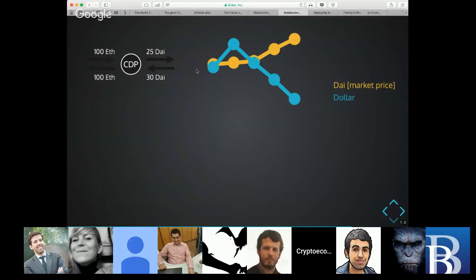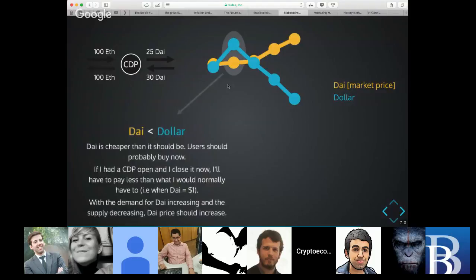So with that in mind, in the first situation, what is happening for somebody looking to make a profit is that at this moment, DAI is cheaper than it should be, right? Because normally DAI should cost $1, but here it's below, so it's cheaper. So as a person looking to make a profit, what I would do now is buy in, right?